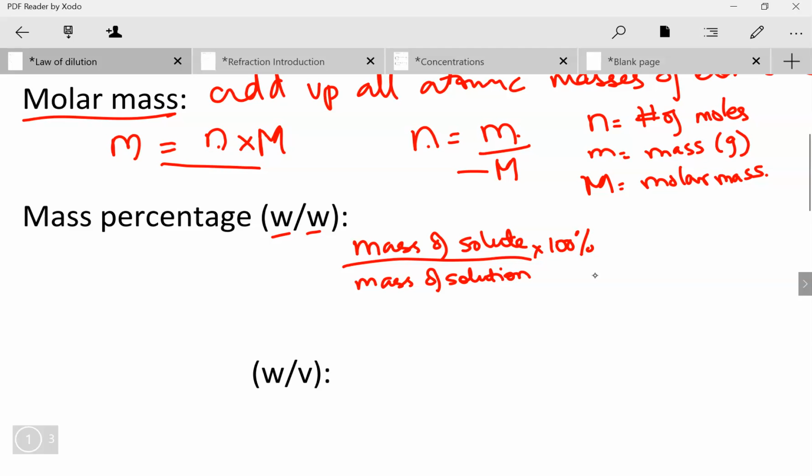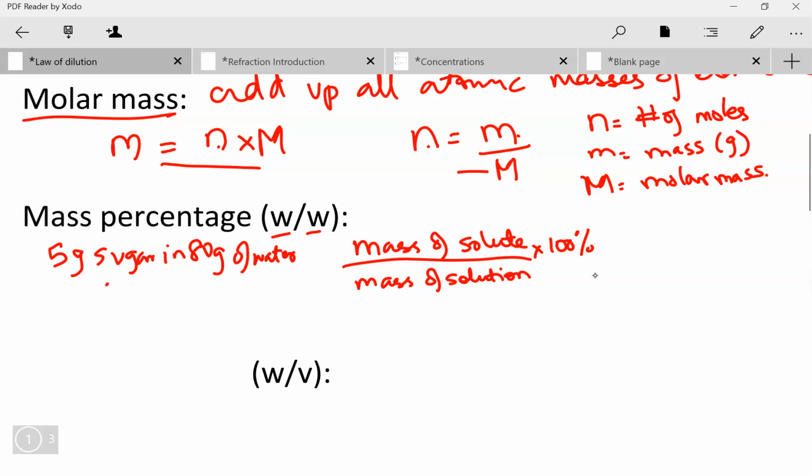So we talked about what a solute and solution was. If 5 grams of sugar are dissolved in, we'll do an example, 5 grams of sugar in 80 grams or milliliters of water, right? Because we know for water the grams equals the milliliter, so it's pretty easy to do that.